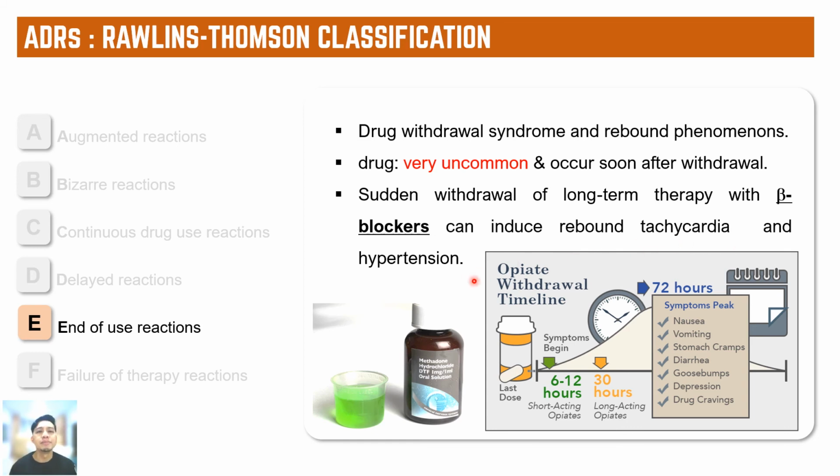Another example is patients who may experience relapse seizure after stopping phenytoin therapy. Withdrawal symptoms such as nausea, vomiting, stomach cramp, diarrhea, etc. may occur due to, or be associated with, the discontinuation of opiates such as morphine, codeine, or heroin.